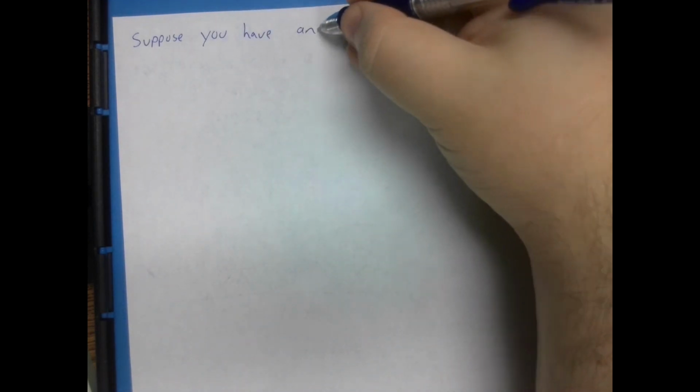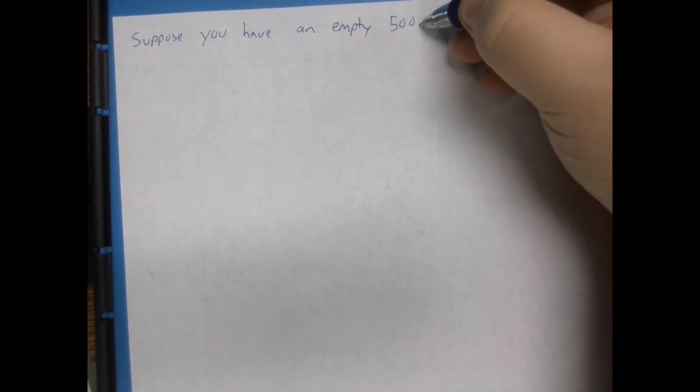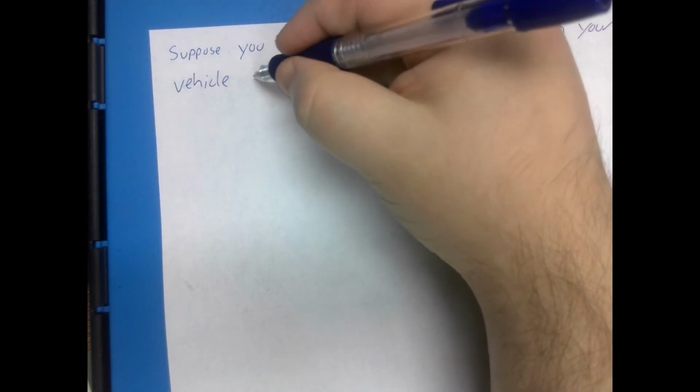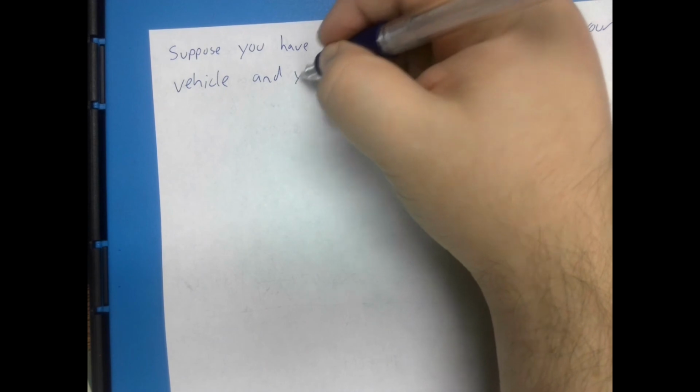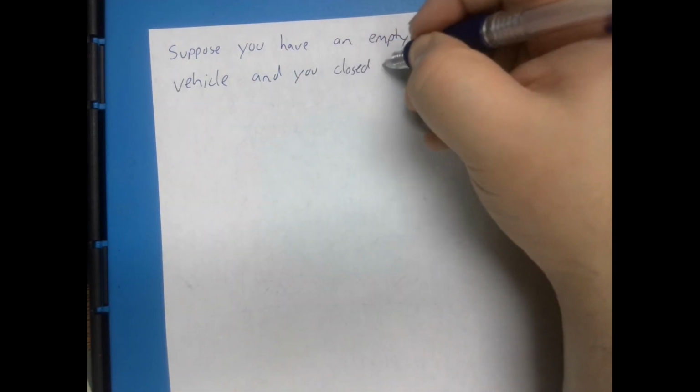Suppose you have an empty 500 milliliter bottle. That's your normal water bottle that you have on your desk right now. They're 500 milliliters. And it's in your vehicle, and you closed it.